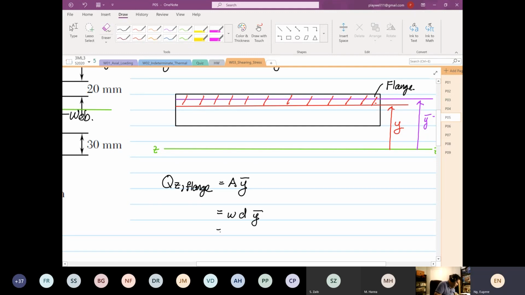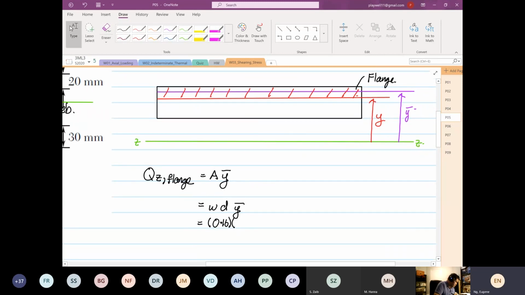So the width is equal to 0.16. The depth is equal to 0.035 minus y. So this is b, and then we multiply by y bar.